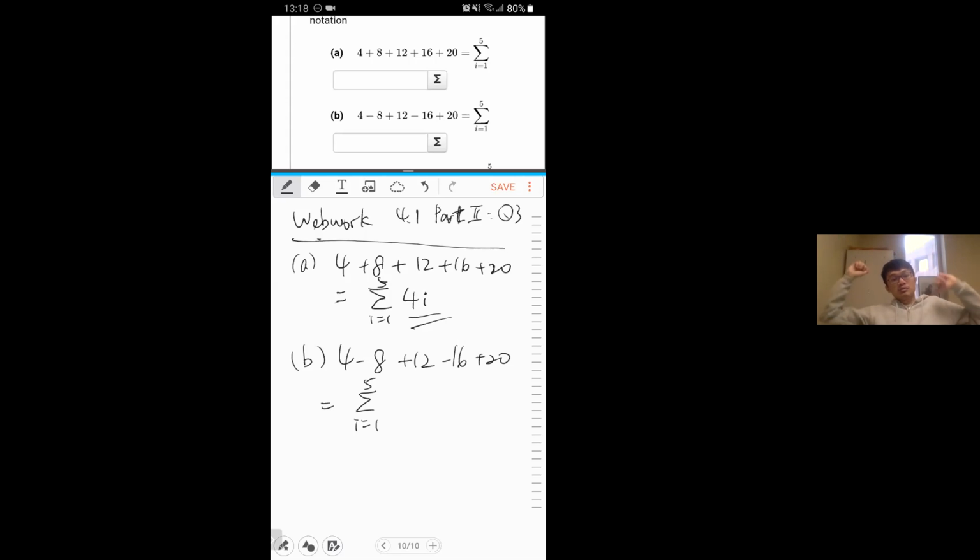Well, not really. Okay, so let's look at Zach's expression: negative 4 times I. When I equals 1, you get negative 4 times 1, which is negative 4, which is not the same as 4, right?